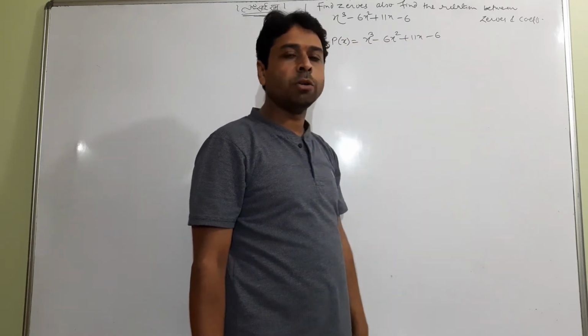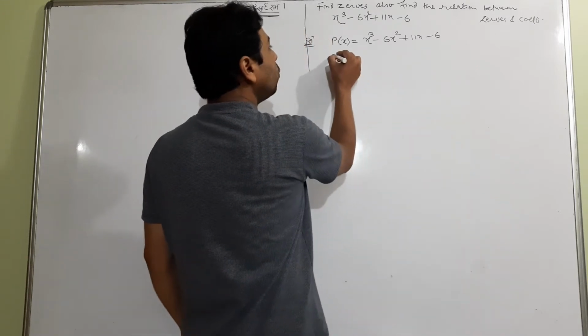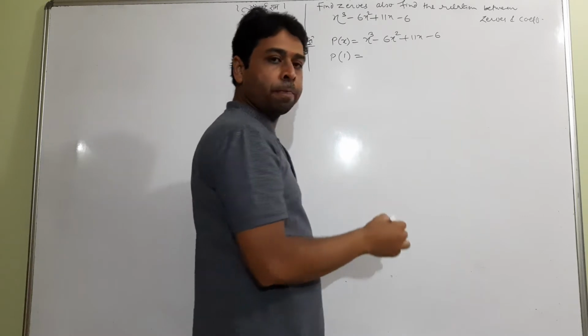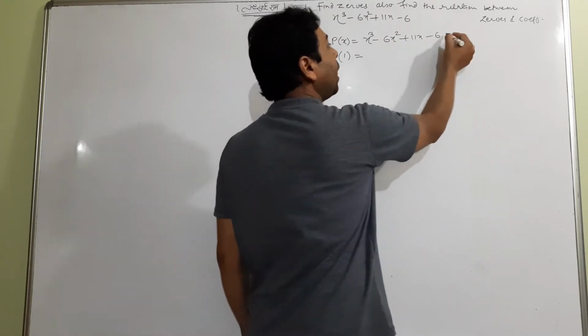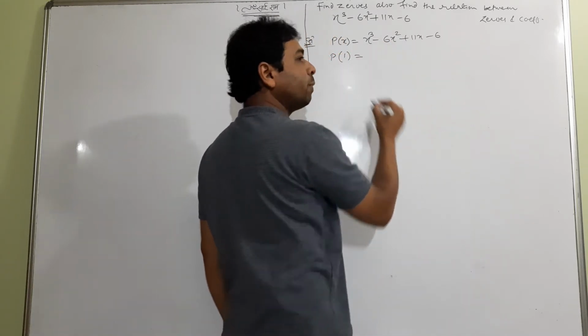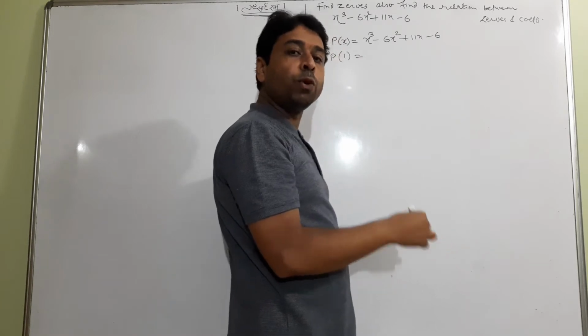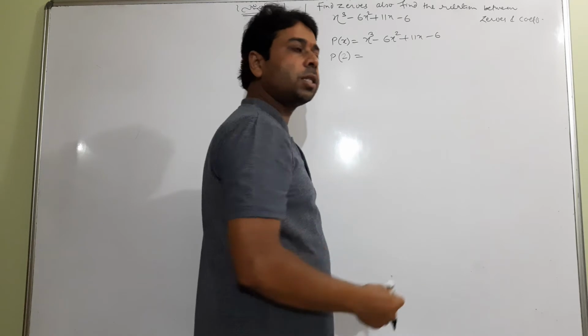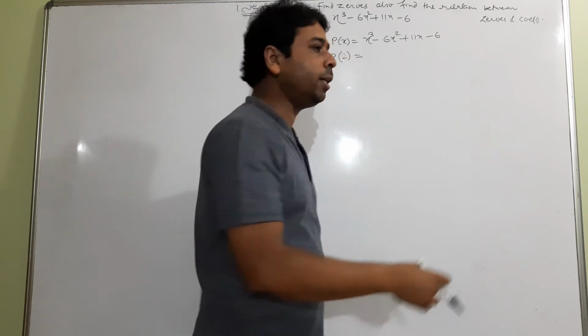So it's a trial method. Suppose I put 1. If after putting 1 I get 0, that's fine, it is one of the zeros. If I don't get 0, I'll go with x equal to 2. This is the method I already told in class 9th.